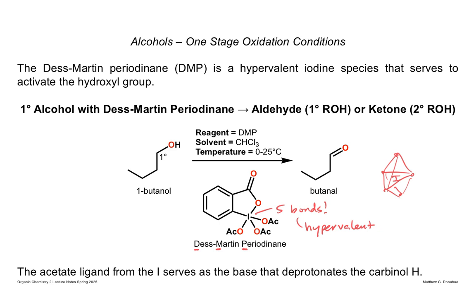So iodine's really nice like that because there's a lot of these type of reagents, these Dess-Martin periodinanes. So how does this thing work? It has these 3 OAc groups. Ac means acetate, it's an ester. So it's a good leaving group.